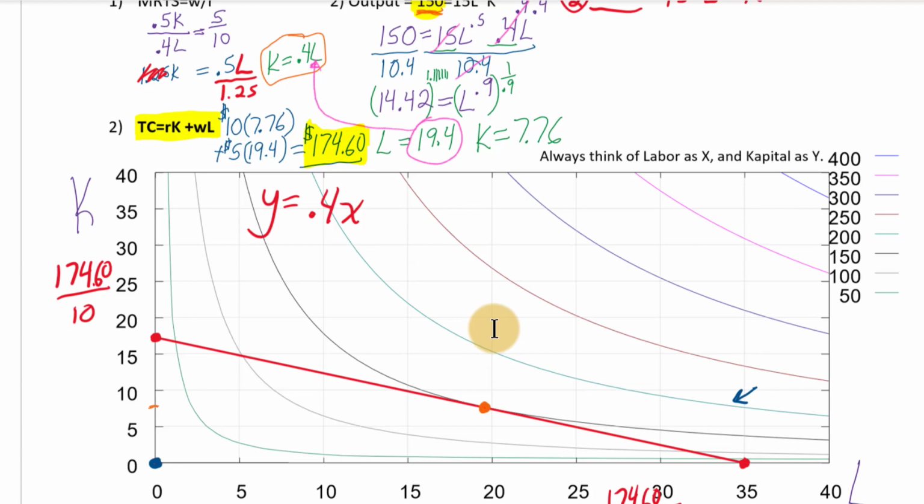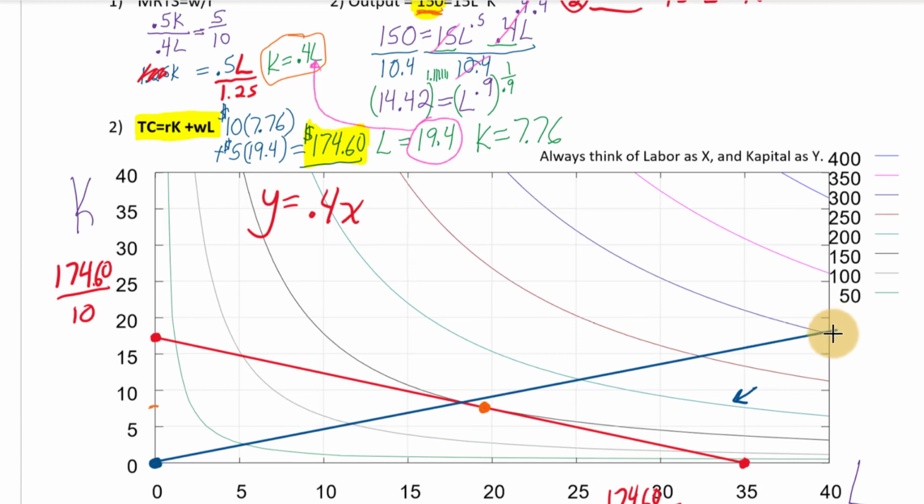That'd be 8. So what's this line going to look like if we graphed it? We're going to start here at the y-intercept, and we're going to go over 10 and up 4. We're going to go over 20 and up 8. And we're going to go over 30, and 30 times 0.4 is 12.